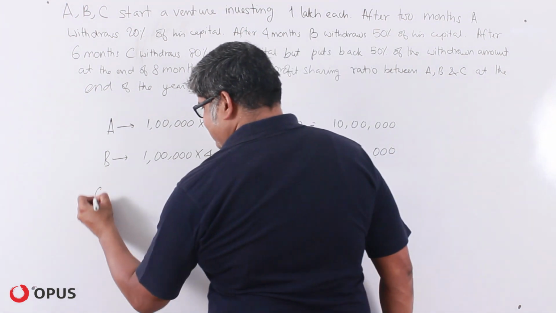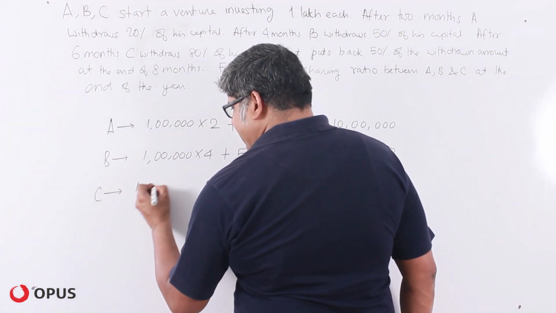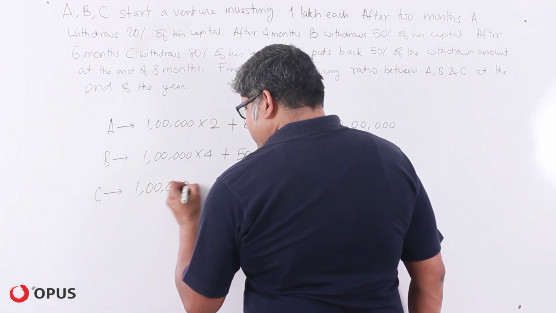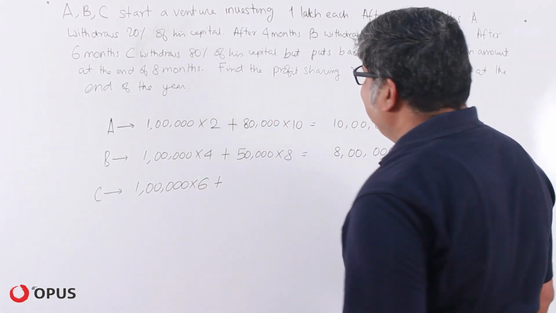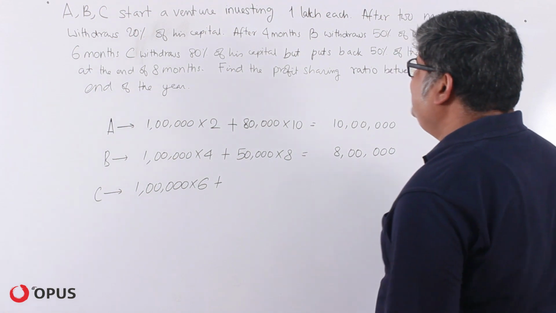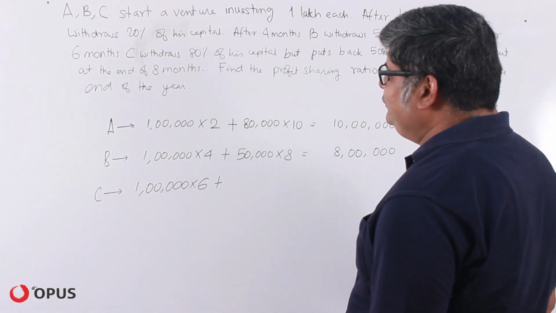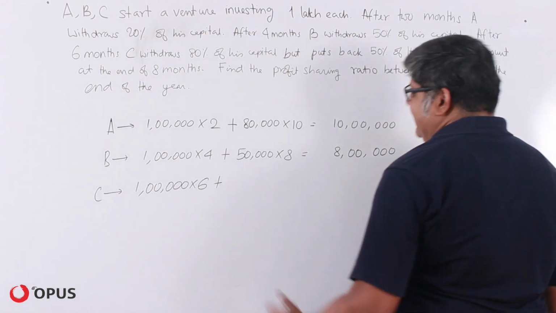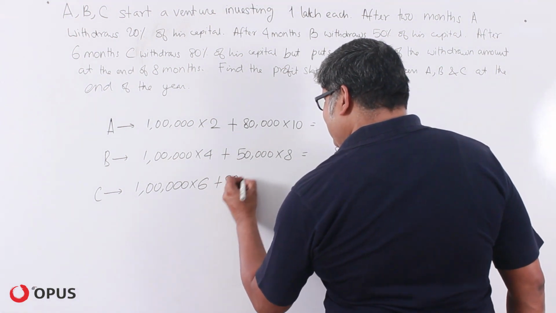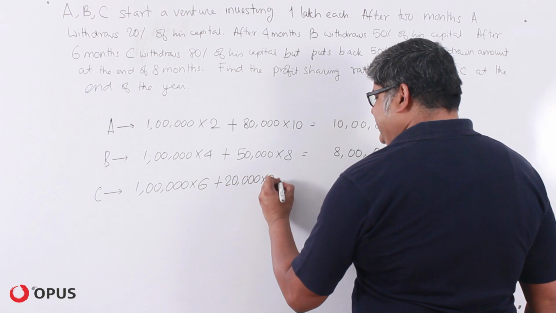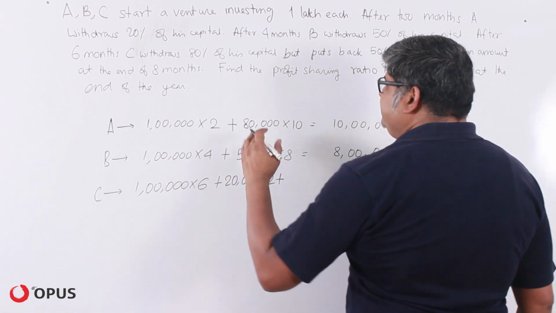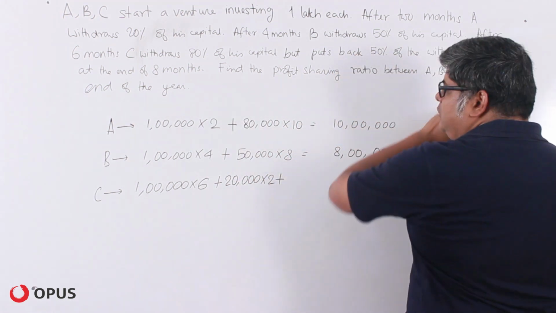C. For C, the 1 lakh was there for the entire 6 months, and then what happens, he withdraws 80% of the capital. So obviously 20,000 was there, but here 20,000 was there for just 2 months, because at the end of the 8th month he pushes back 50% of the withdrawn amount.